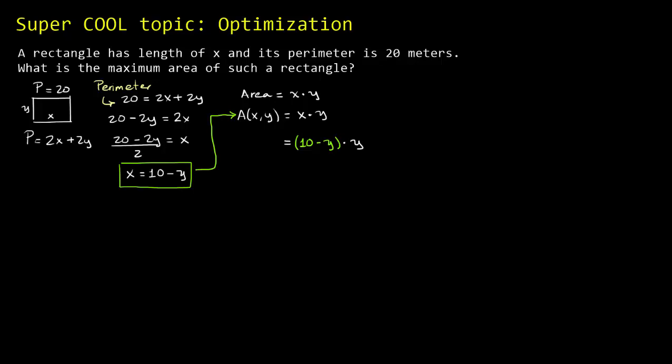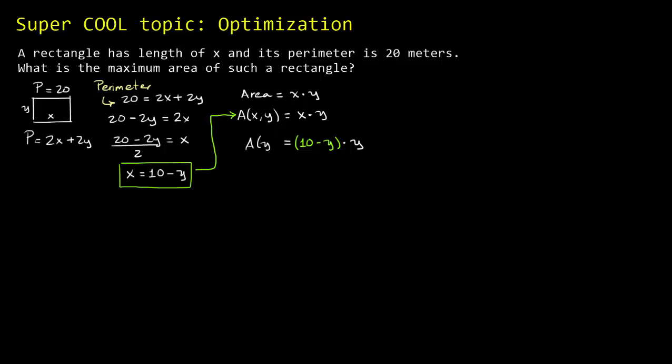The key is that once we substitute, we took away the x, and now the area is expressed in terms of one variable, which is y. This will no longer be a function of x and y, but only a function in terms of y.